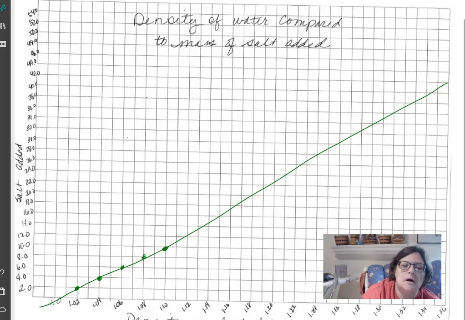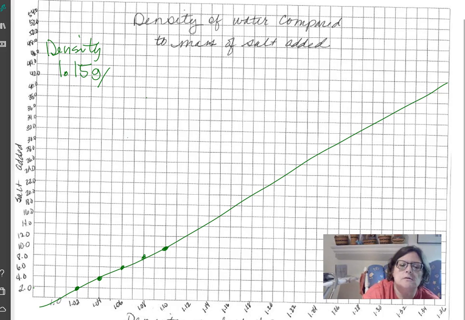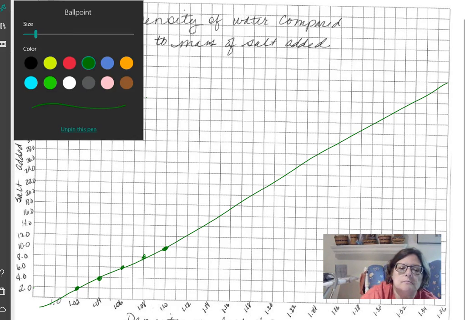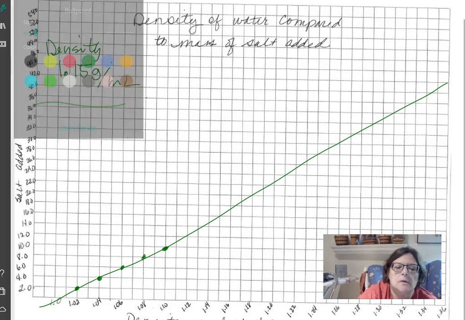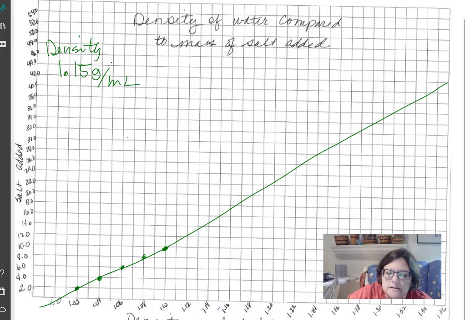My density that I found on the internet was 1.15 grams per milliliter, since we're using milliliters, not cubic centimeters. On my data table here, I'm going to switch colors. I'm going to find 1.15. Here's my density of my golf ball.